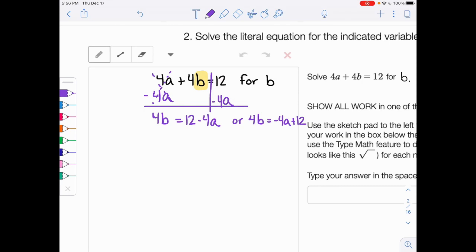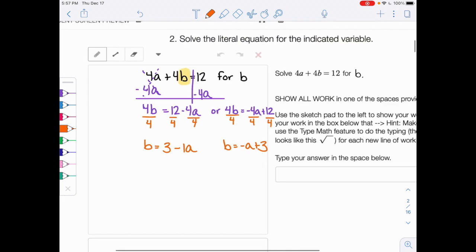Either is fine. And then you are going to divide each term by 4 so that you can simplify properly. So 12 divided by 4 is 3. Negative 4 divided by 4 is either minus a or minus 1a, whichever you choose is fine. You don't need the 1, so in one of them I'll write the 1, in the other I won't.